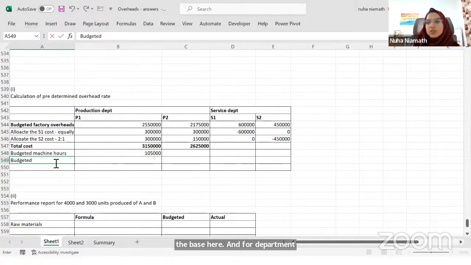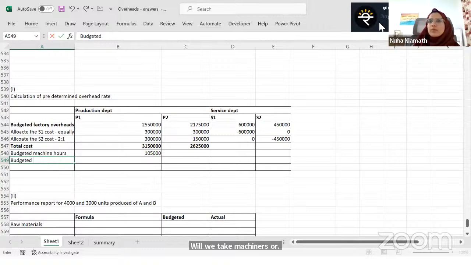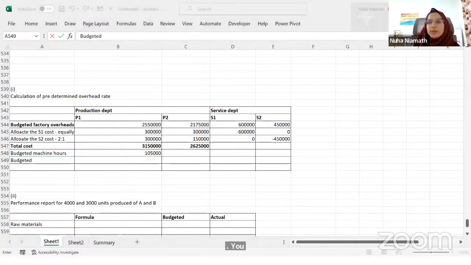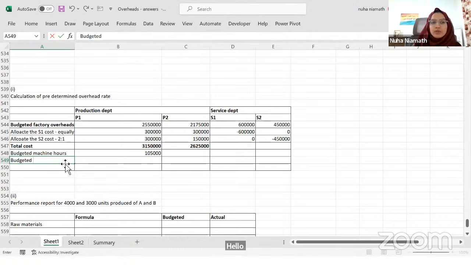Will we take machine hours or labor hours? Labor hours. That's right. So we will take labor hours.